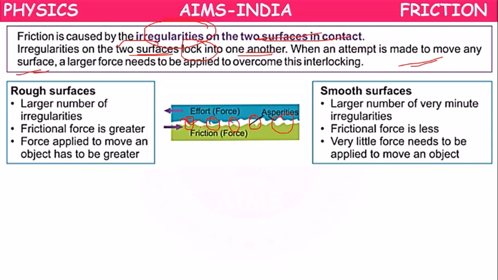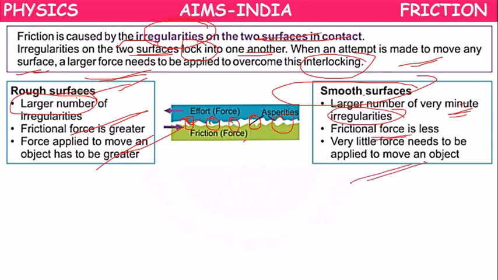When we have to move one surface over another, we have to overcome this interlocking, and that's why we have to apply force. Because of rough surfaces, a large number of irregularities may be there, interlocking will be more, so the frictional force will be greater. For smooth surfaces, irregularities will be very minute, so the frictional force will be less, and less force is needed.